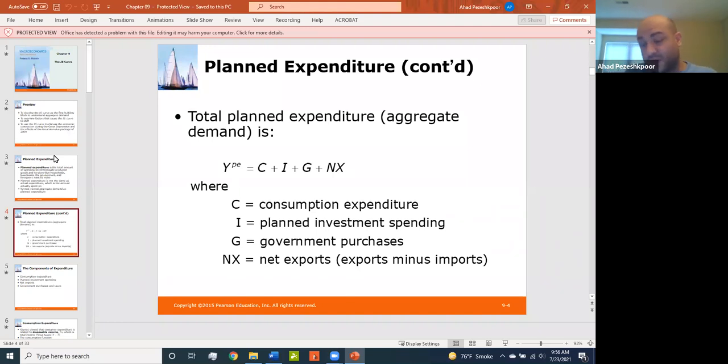If I'm expecting 100 customers, I will produce for 100 meals to be able to serve my customers. So the two will be equal: consumption expenditure, planned investment spending, government purchases, and net exports.